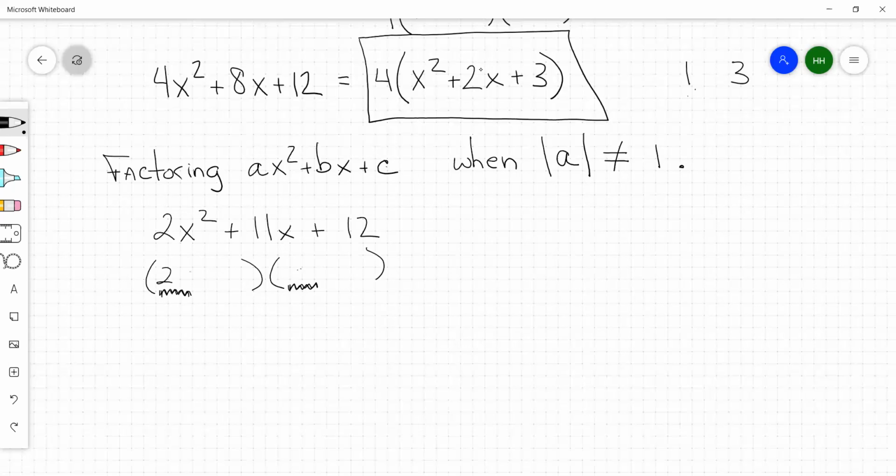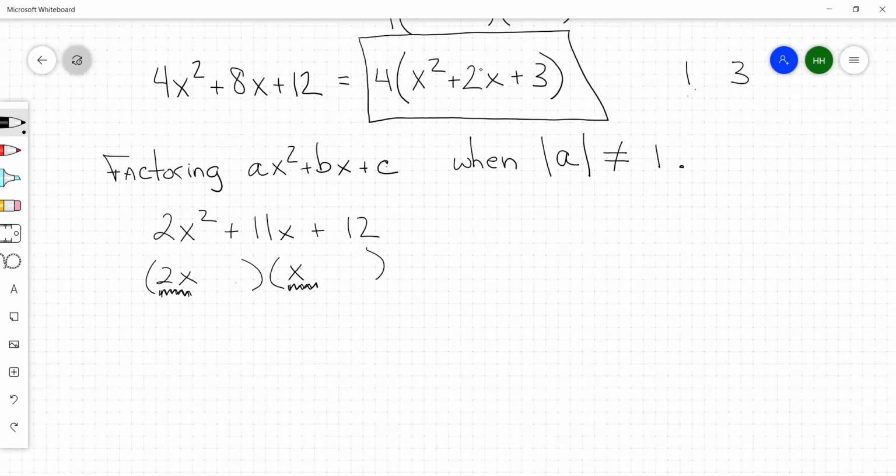This can be a 2x and this can be an x. And that's it. The second term in each set of parentheses, the values of the second term, they still have to multiply to 12. But there's some different things going on within this system because you got a 2 in front of this first x.